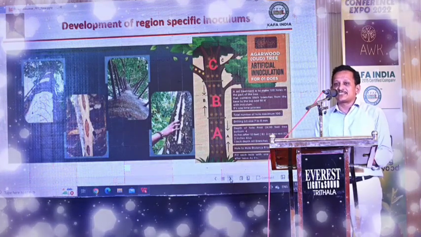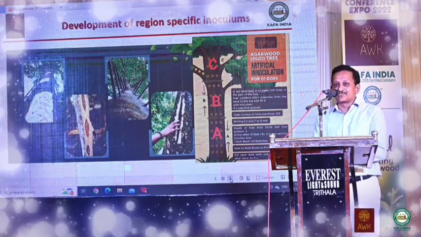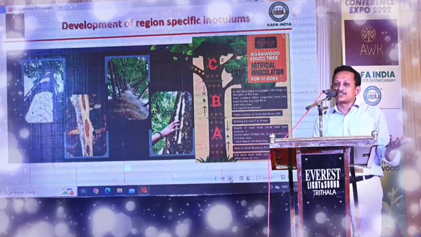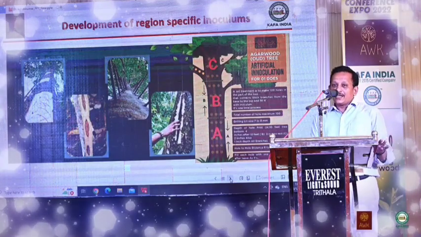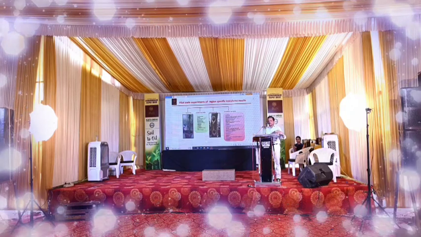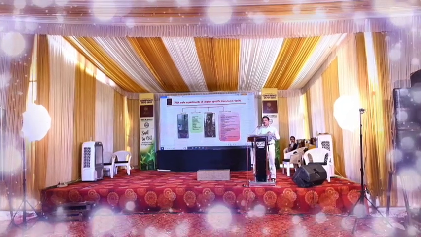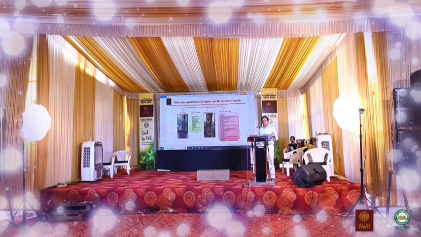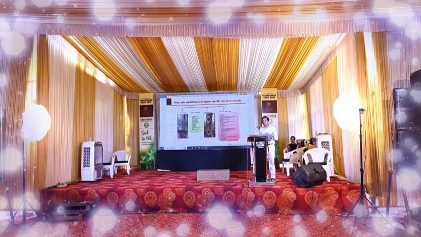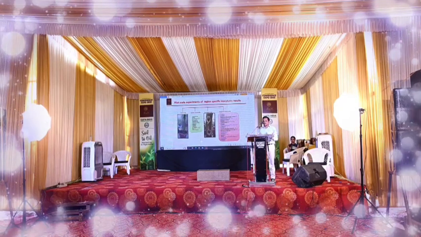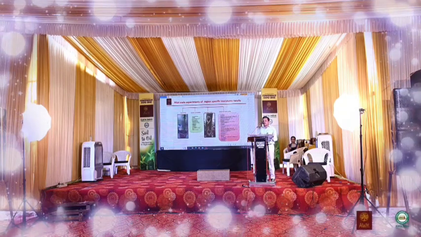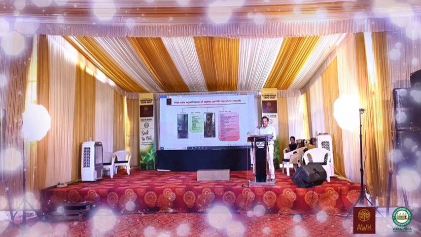Each methodology and its function and byproducts is different, so we have to inoculate differently. We also start with young plants of 2 years, 3 years, 5 years, different ages, to see how the infection goes on and how agarwood formation occurs. We have a time course study to find out whether it is good to inoculate at 2 years, 5 years, or 10 years.